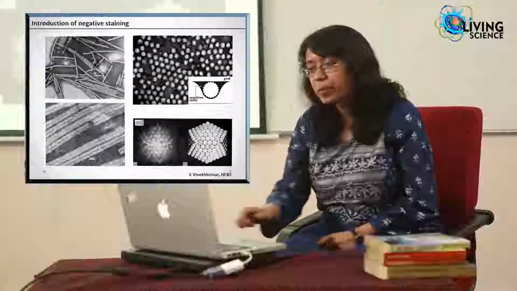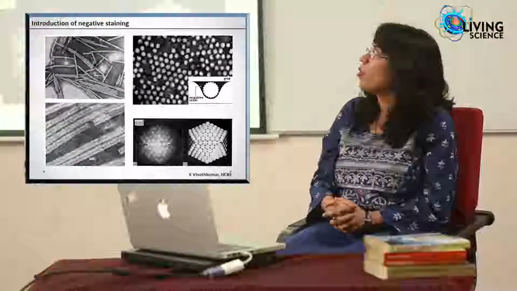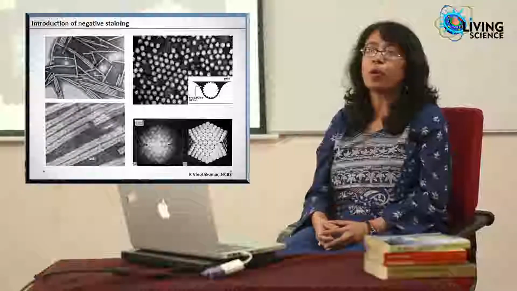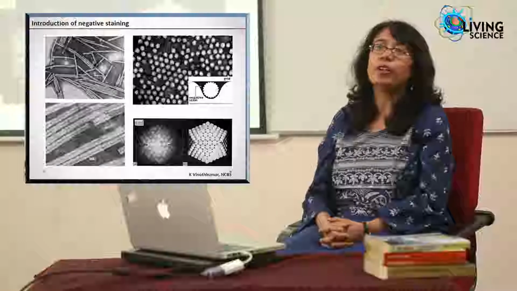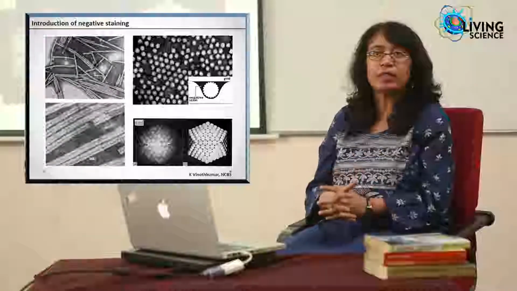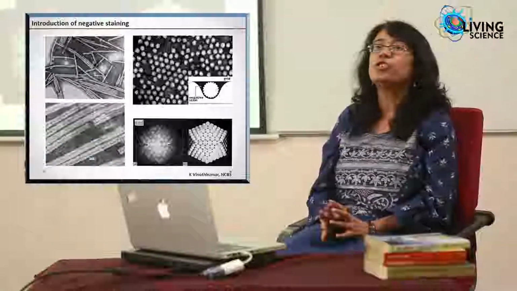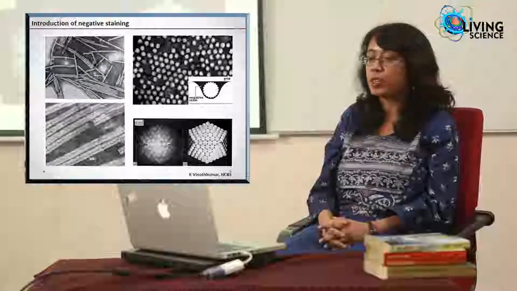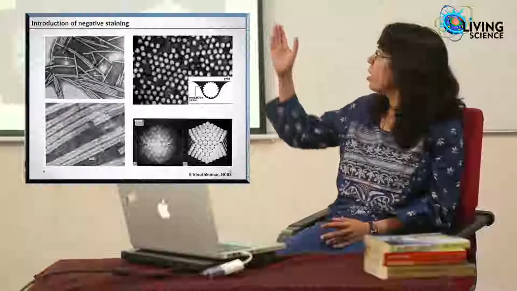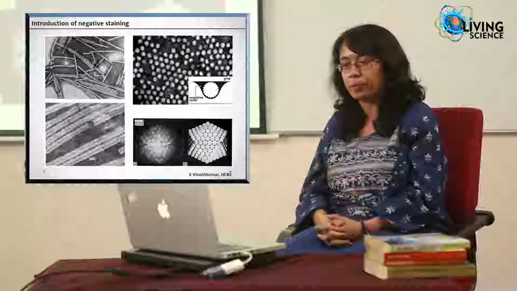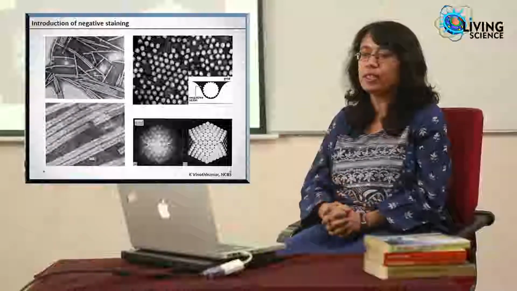Things improved a little bit after the development of the negative staining technique, which is essentially when you drop some heavy metal or incubate your biological sample with a heavy metal solution, which outlines some of the features of the sample that one is looking at. So you can see that now in the virus samples, more detail is available to see.